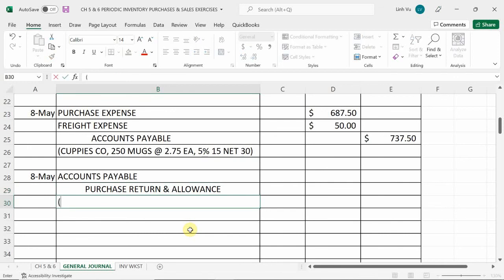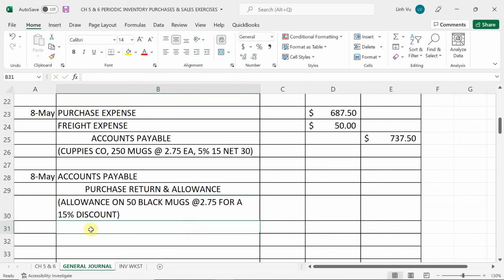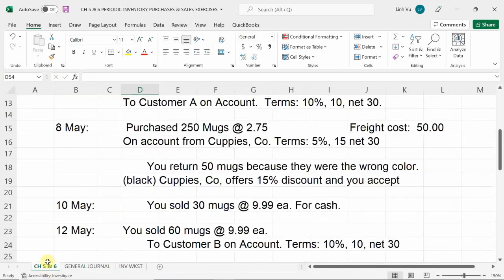So in this case, allowance on 50 black mugs. Okay. How much did it cost me per mug? Okay. For a 15% discount. Okay. They gave us a 15% discount.